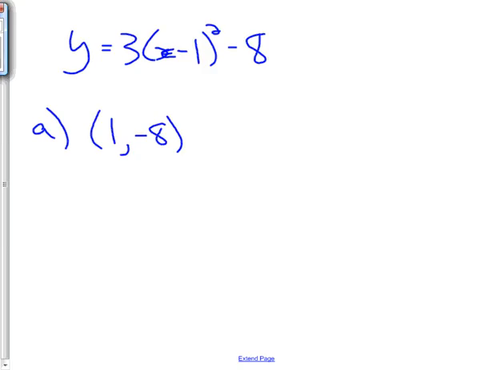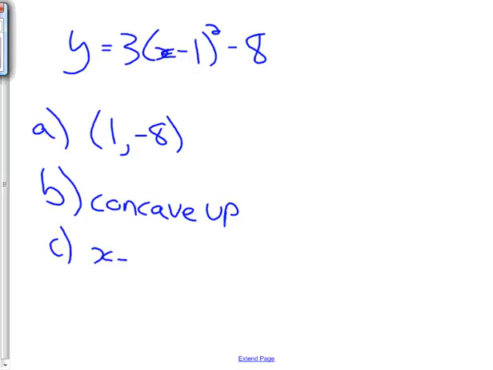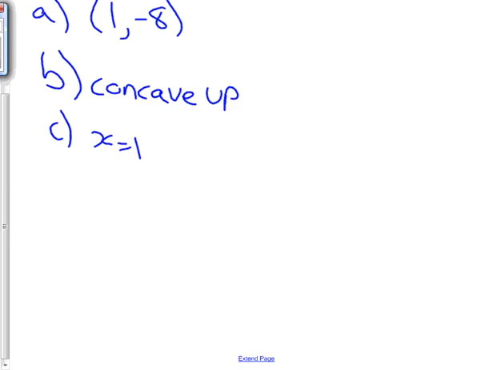Is it concave up? Sure. Axis of symmetry, x equals 1. What about our x-intercept? y equals 0.